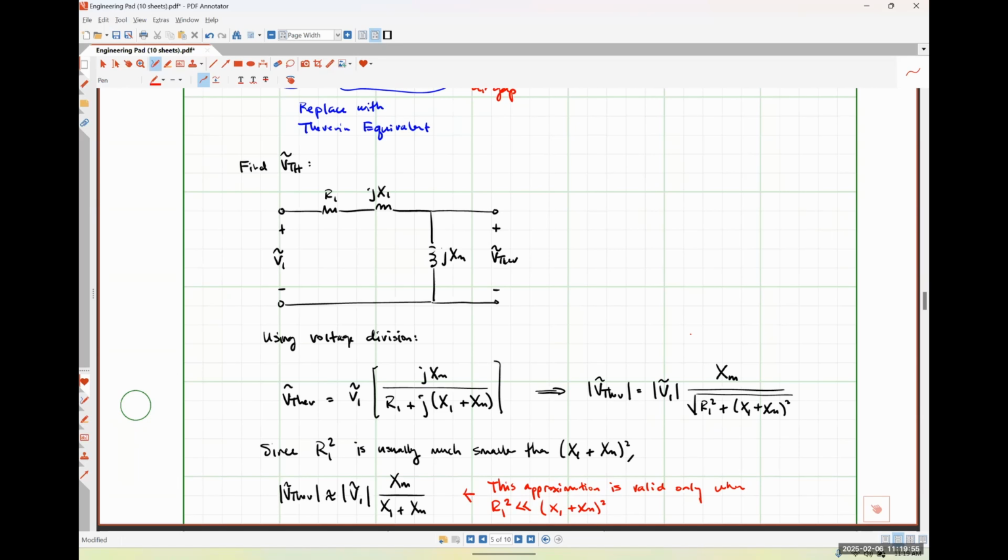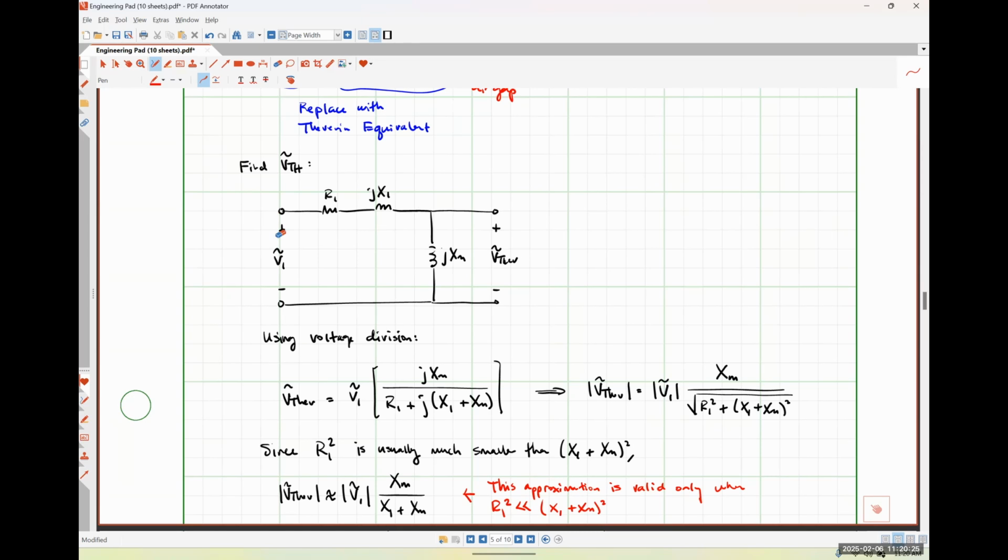So Nick, you nodded your head in agreement. So what do we see? R1, JX1 are in series and it's parallel to JXM. Exactly right. That is all it is. So our Thevenin equivalent impedance is just going to be this branch in parallel with this branch when we short these out. Yeah.